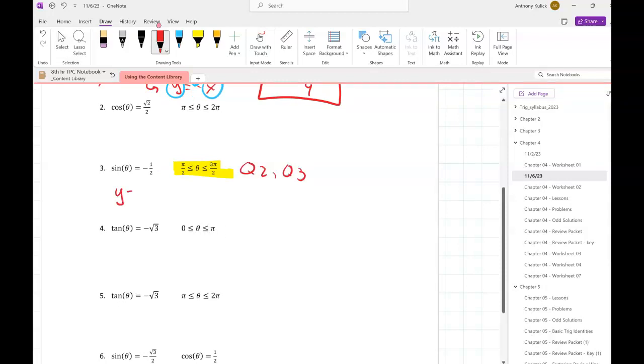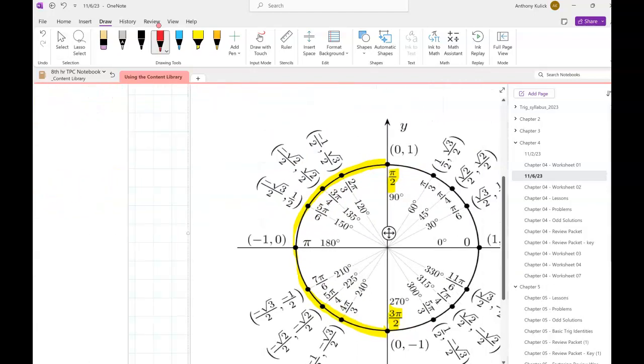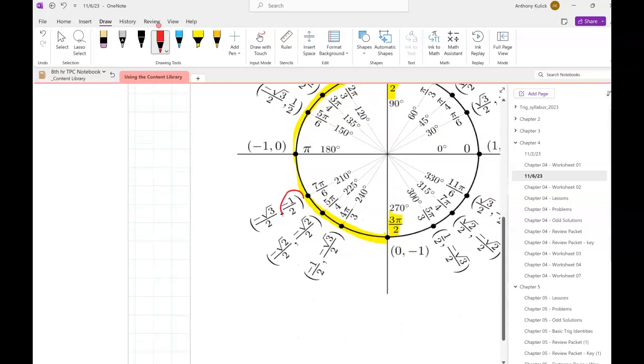Now sine is y on the unit circle. So I'm just going to look in quadrants 2 and 3 for the place where the y coordinate is negative 1/2. So up in quadrant 2, all the y's are positive, so I don't need to look there.